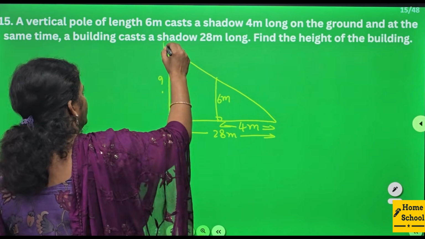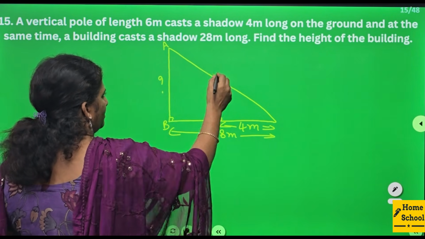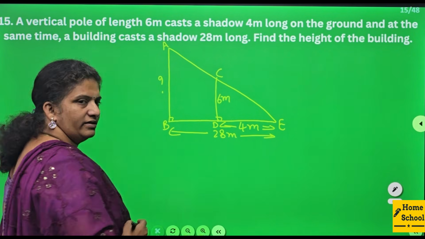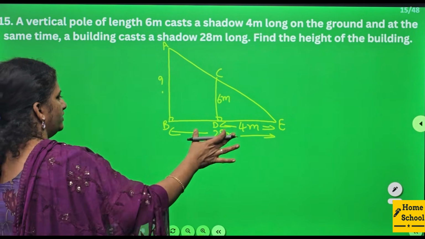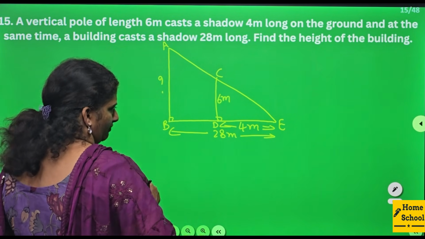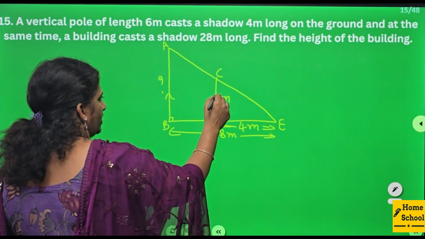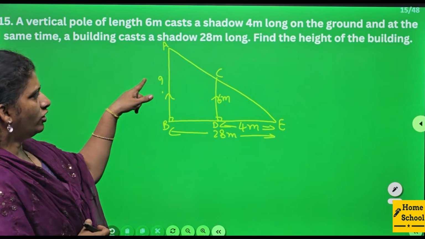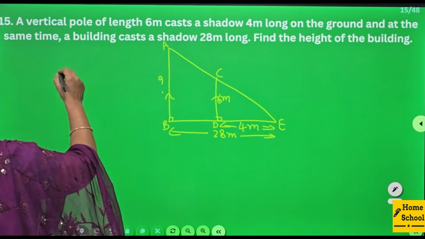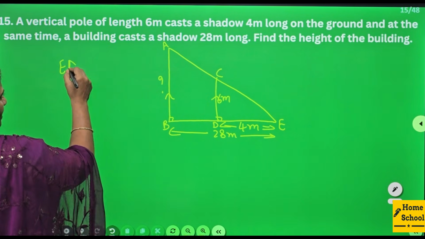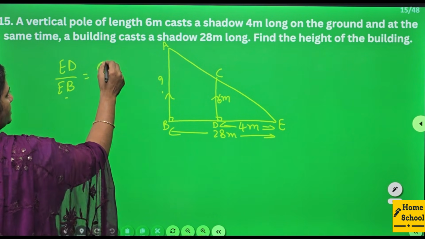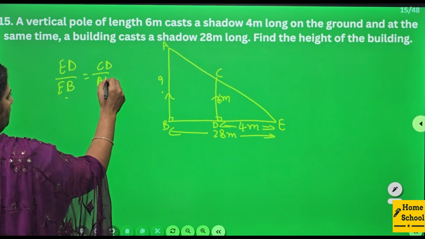Let us assume AB be the building, CD be the pole, E is a point, right? This is a shadow of the pole and this is a shadow of the building. I think these two lines will be parallel. In order to find this, we go with the corollary of BPT. What is that? ED by EB is equal to CD by AB.